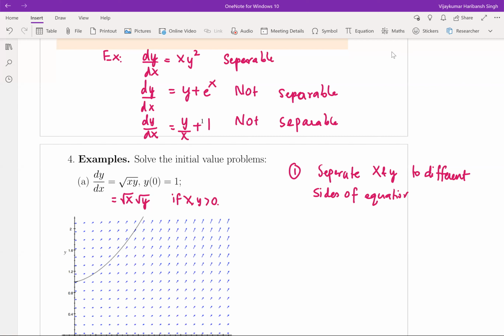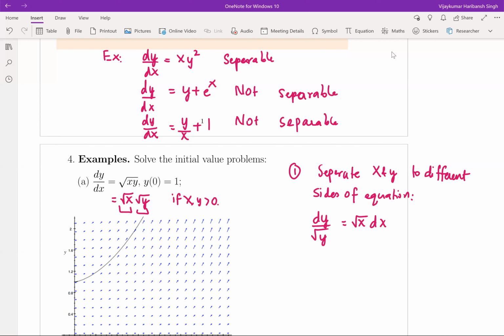So clearly it is separable; you are able to separate it. We get dy over square root of y equals square root of x dx.